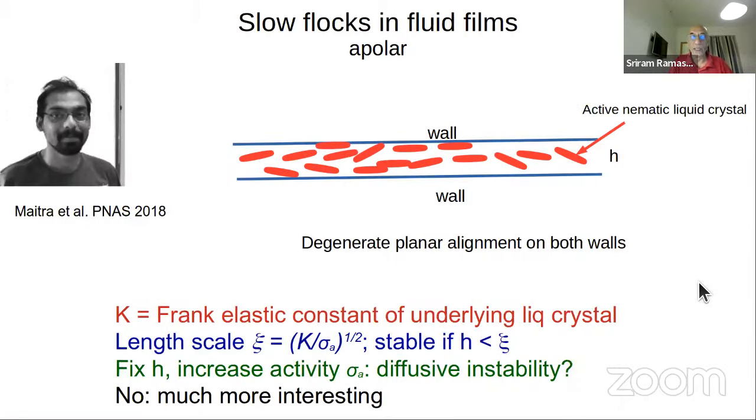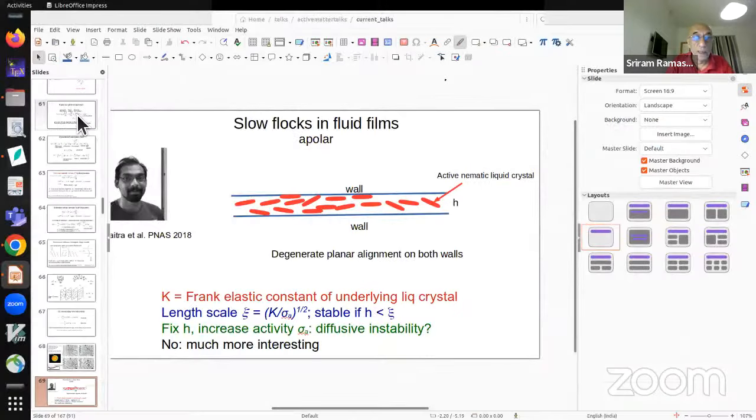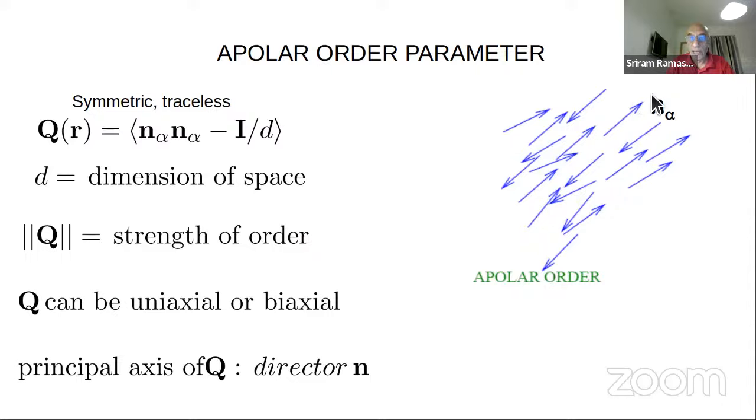So right now, let me tell you what happens if I describe the alignment, let me go back a few slides, using this kind of an order parameter, where the head-tail difference doesn't matter. You think of a bunch of rods described by a tensor of this sort, okay?